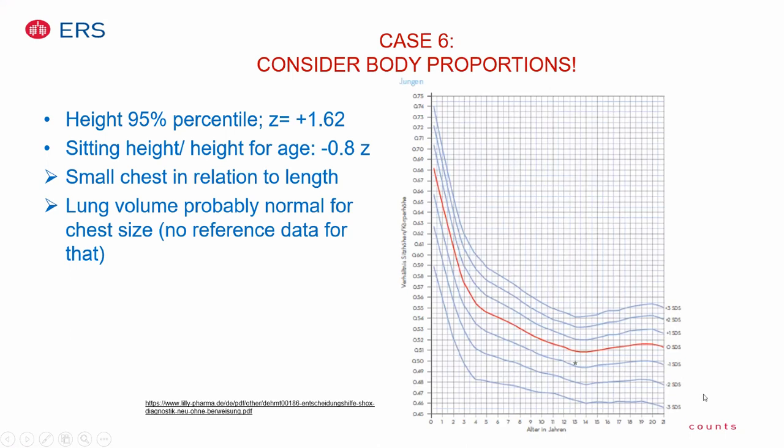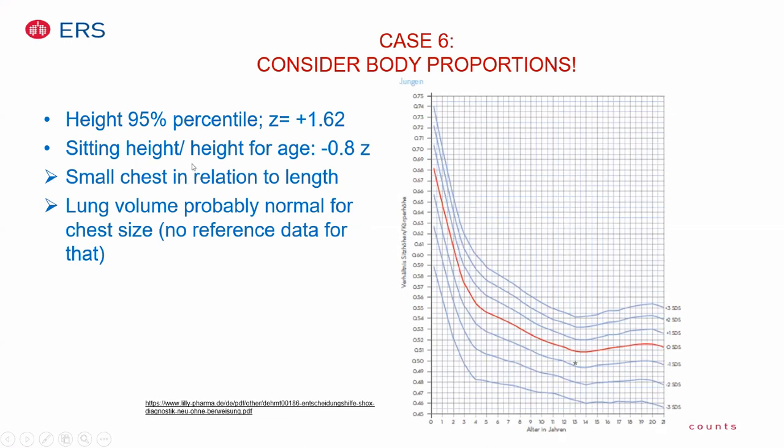So how can we explain that? If you look at this boy, he is very tall and probably had a pubertal growth spurt. His height is at the 95th percentile, equivalent to a Z-score of plus 1.62. However, his torso, his thorax, is rather small compared to the length of his legs.